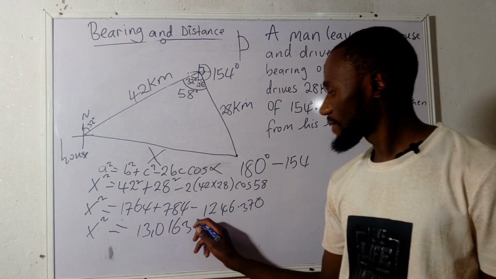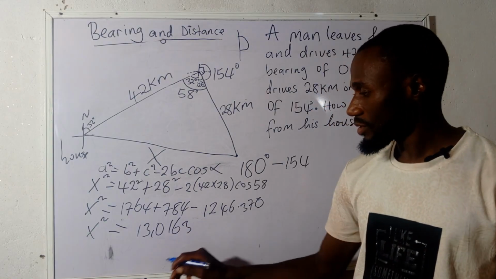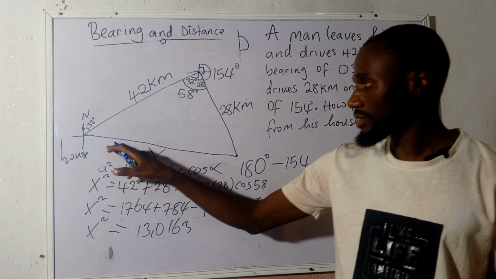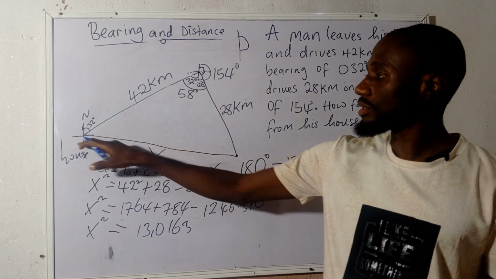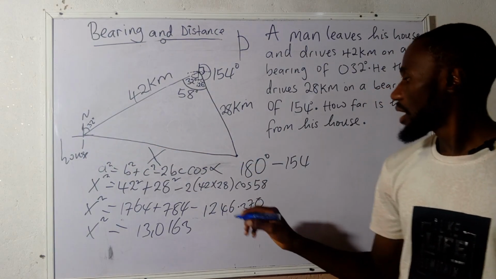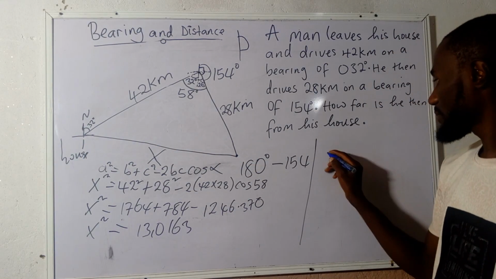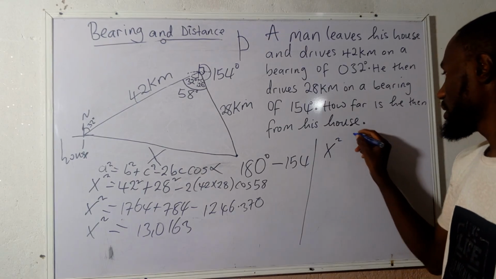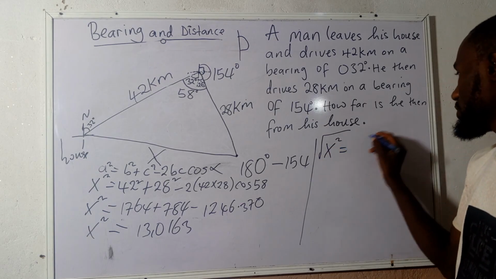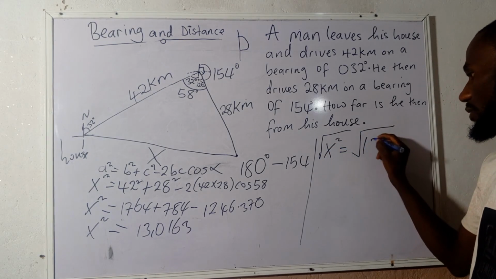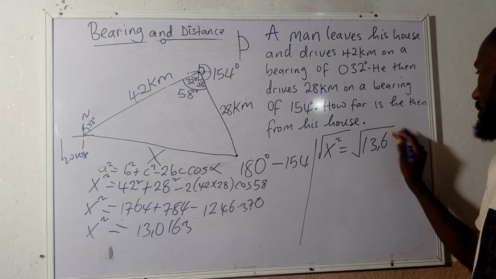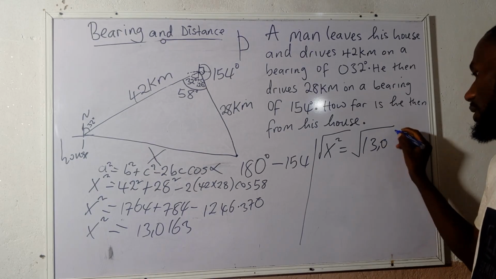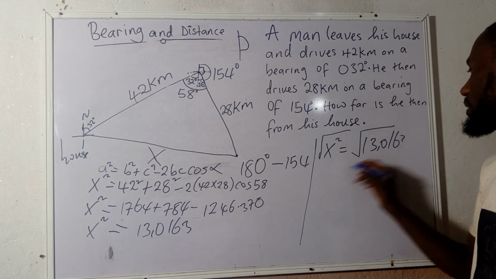Therefore, since we are looking for x, that is the distance from the house, we take the square root of both sides. x squared is equal to the square root of 1163.